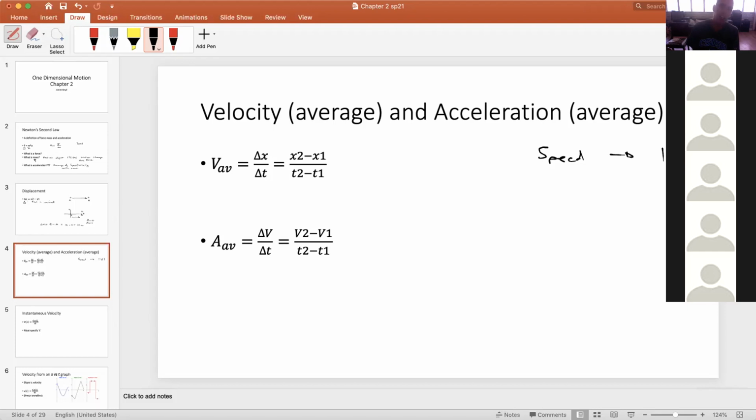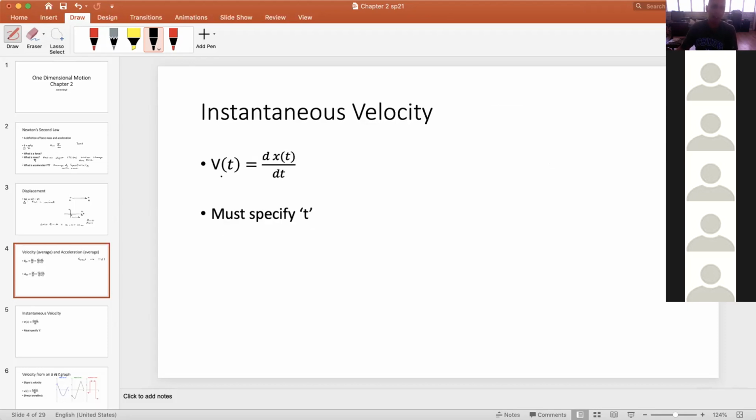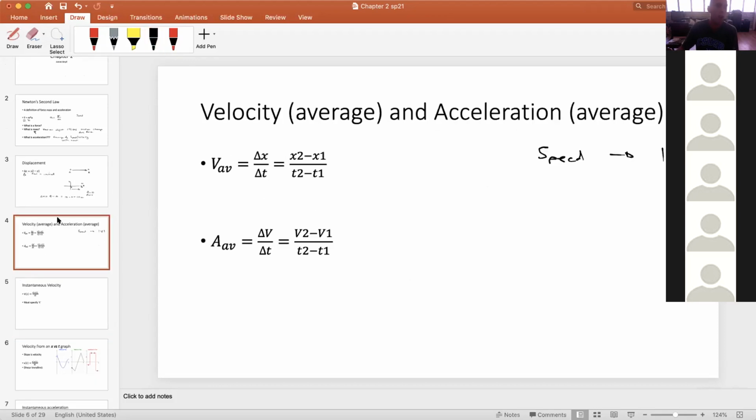The reason why physicists don't use that is it doesn't tell us anything. It's not a vector, it's a scalar. And it's completely useless for describing motion other than in the most general terms. These two things are vectors, okay? And remember me saying that I'm going to leave this stuff off. In general, I am.